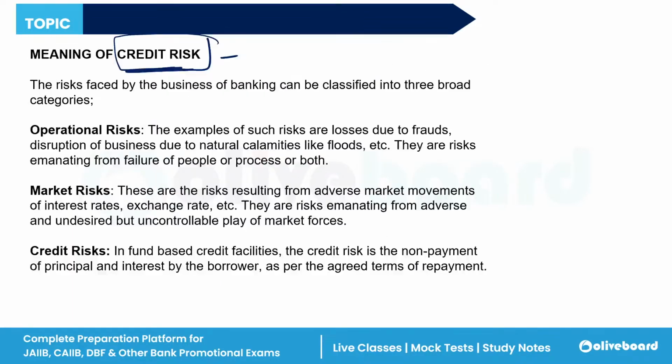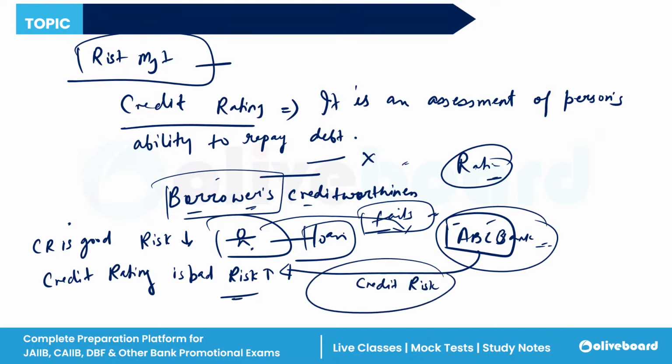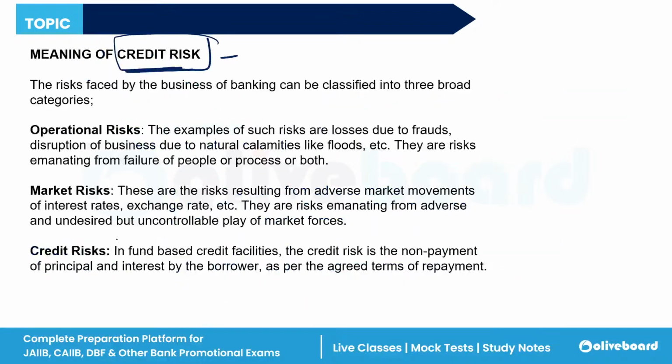In this case, the borrower has taken the money, and the bank will have a fear in its mind whether I'll be getting my money back or not. This kind of risk is known as credit risk. There is a risk that this person might not return the money back.